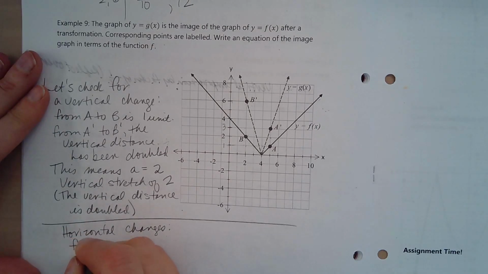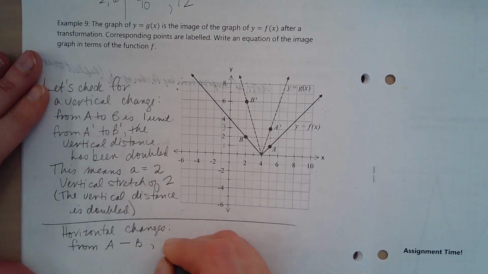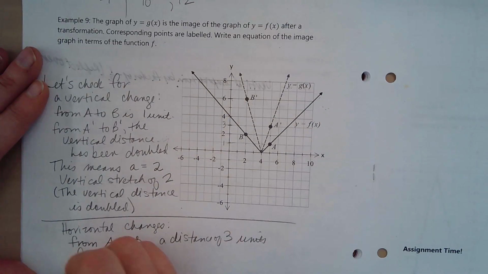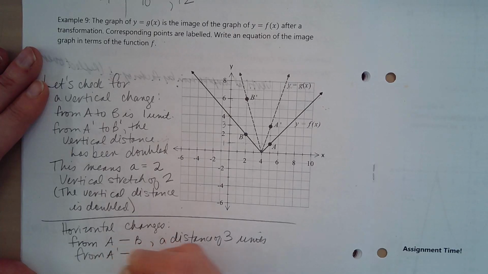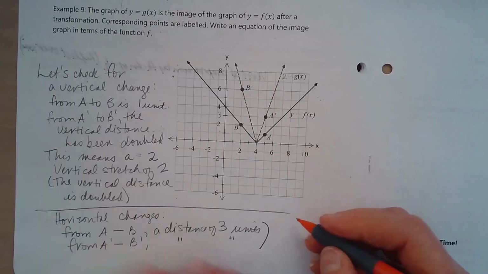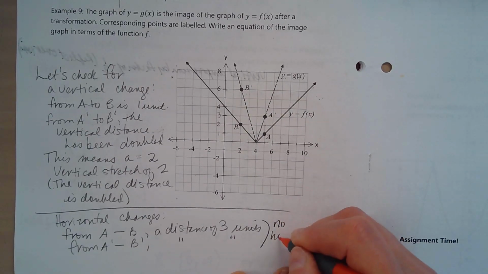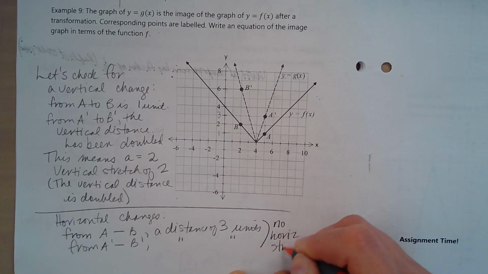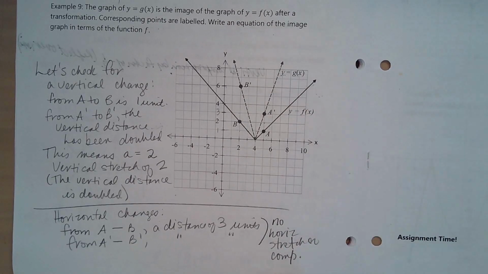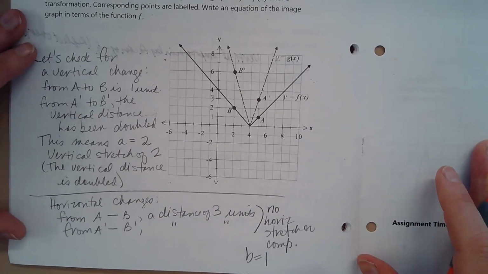No. From A to B, a distance of 3 units. From A prime to B primed, a distance of 3 units. No horizontal stretch or compression. So this means b is just 1. There's no change at all.